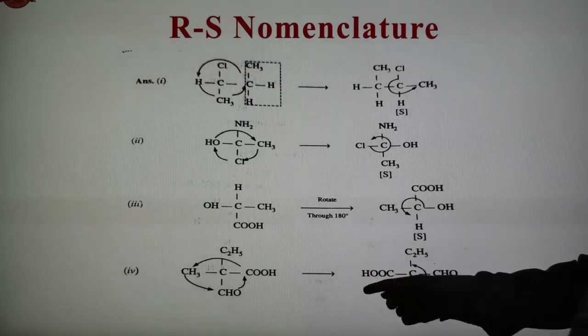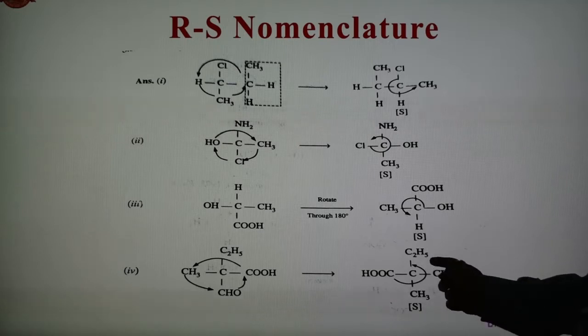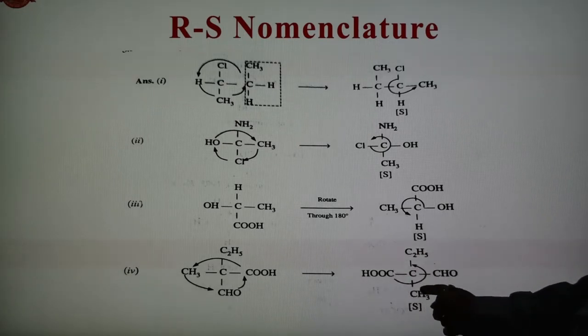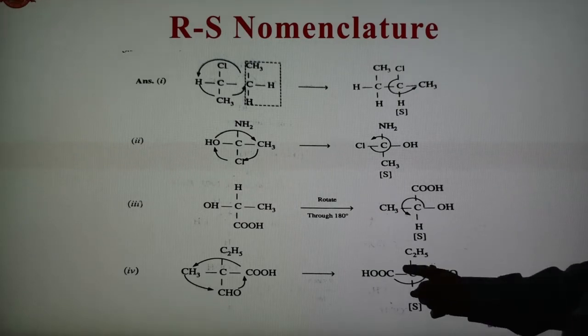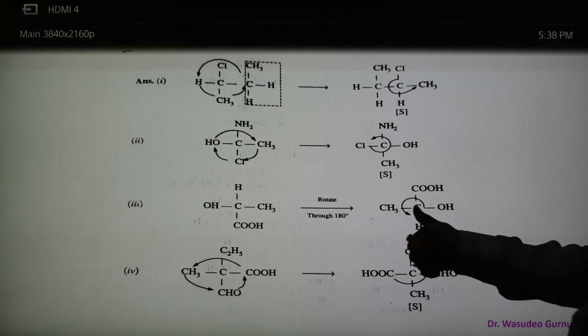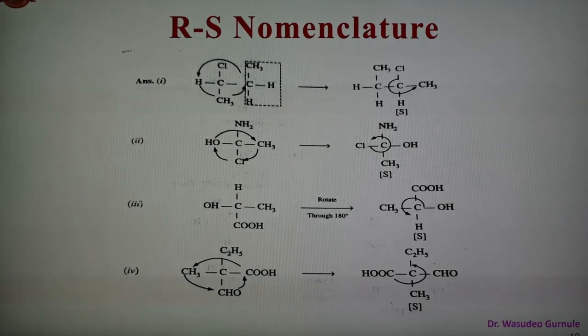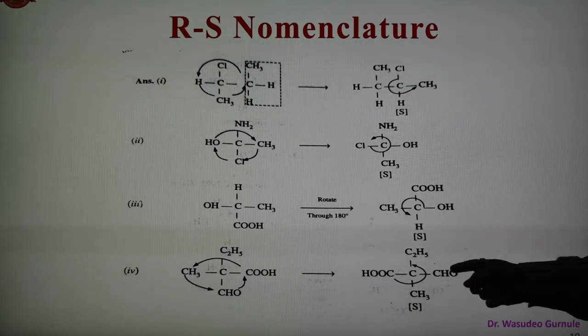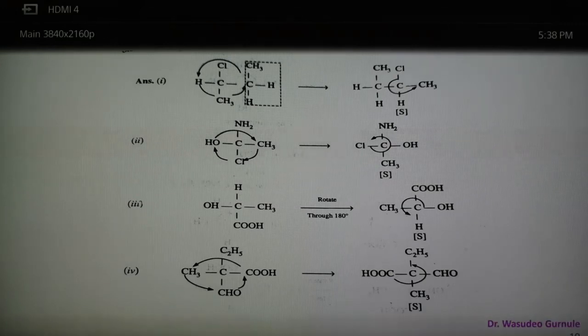In case of the fourth, this is the example, and here is carbon, here is also carbon, carbon and hydrogen, this is the last one. Now first is this carbon, because this carbon is attached to oxygen, so its atomic number is more, so in this case COOH is 1, after that this is second and this is third, and last is the CH3.